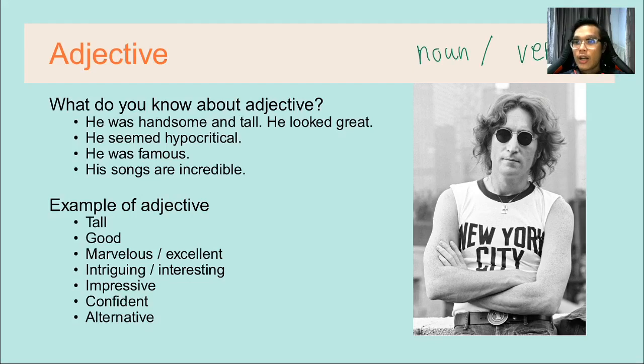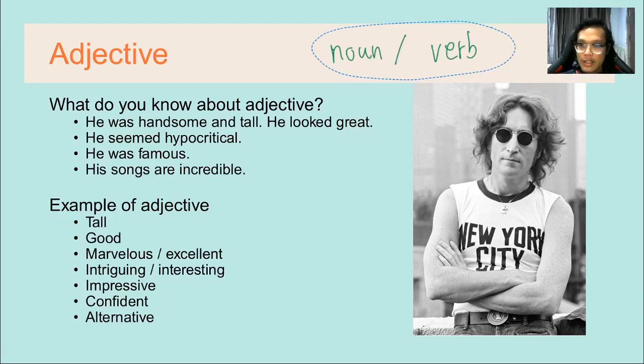Noun means the object, right? Or a person or people or a thing that I can grab or touch, right? So these are nouns. So do we use adjectives to describe a noun or to describe a verb? I have only one question.